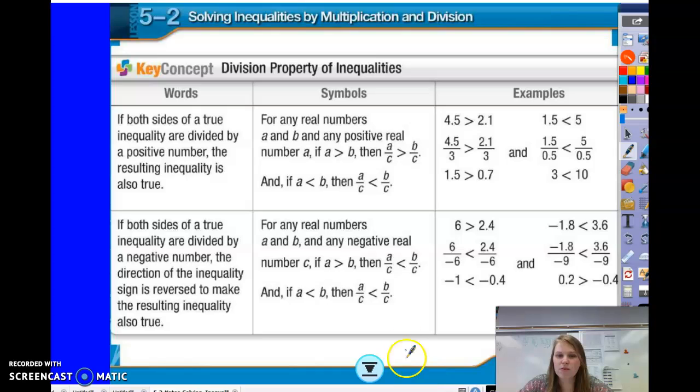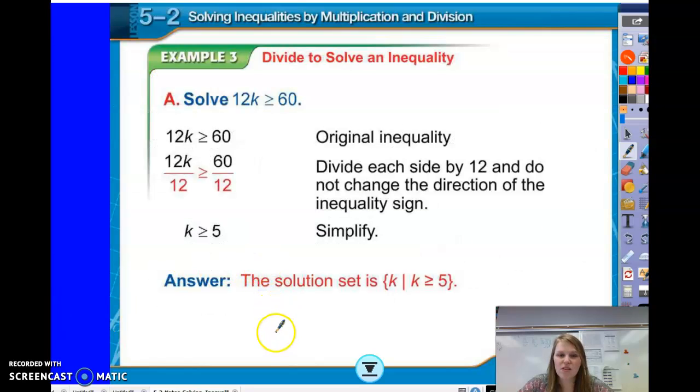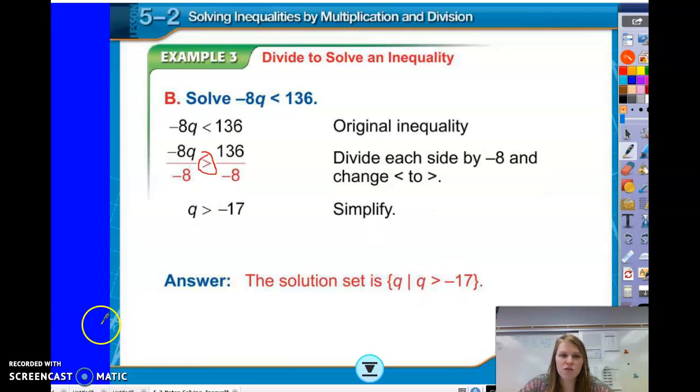Remember when we said when you multiply by something on one side, you've got to do the same thing to the other side? Well, same with division. If you've got 12 times k and you're trying to get k by itself, you divide by 12, and you've got to divide by 12 on the other side too.